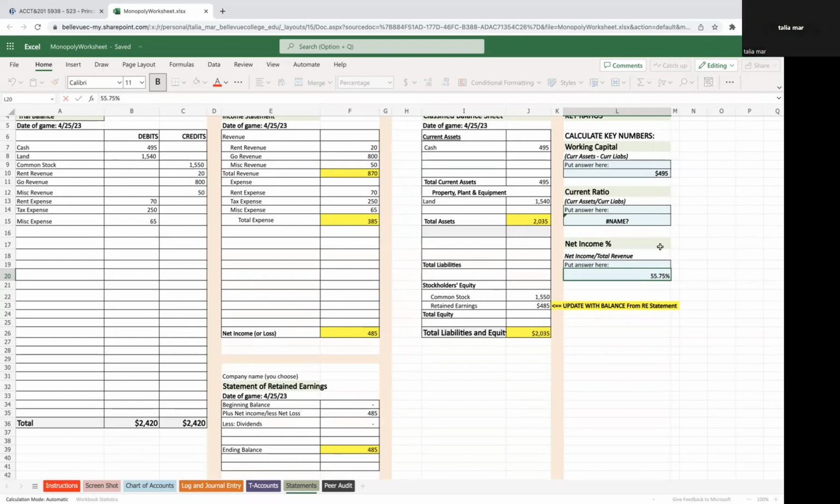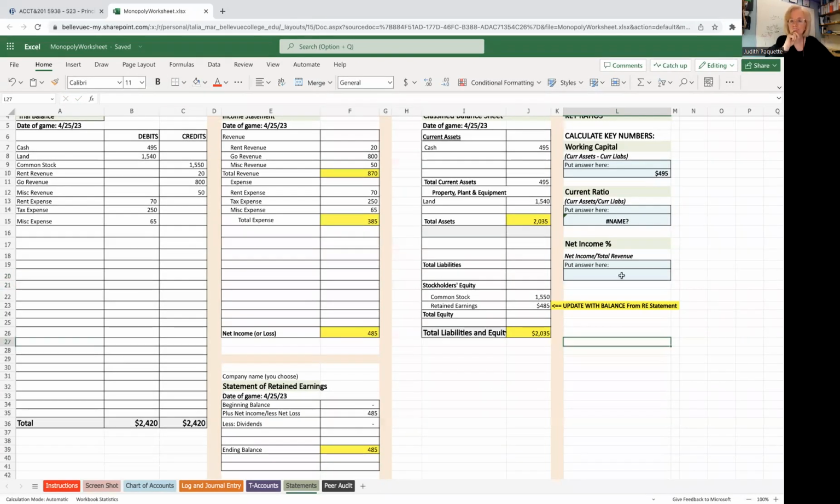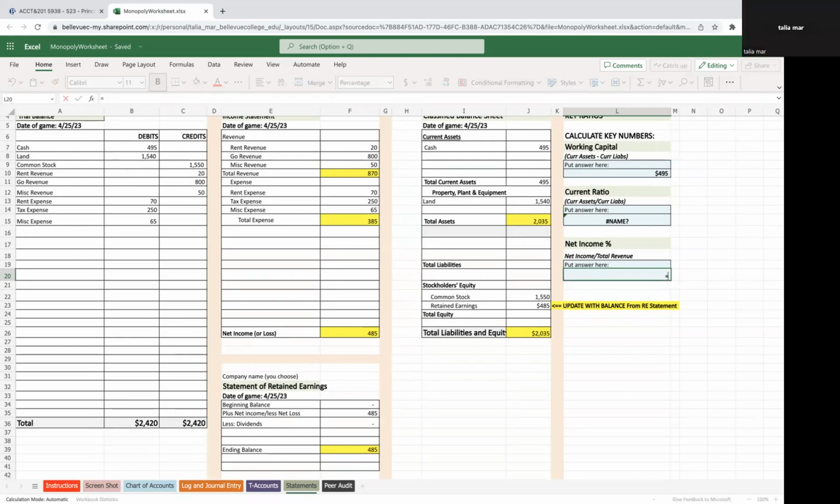So just for fun, Talia, delete that and hit enter. Okay, now go back to that cell. I want you to build a formula. So hit the equal sign, and then take your mouse and click on 485.